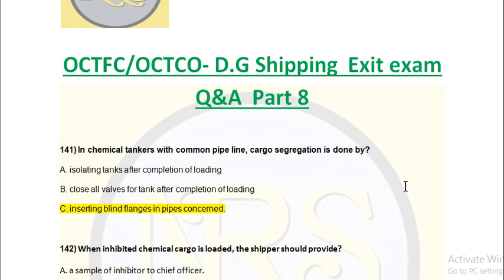So we have to loosen the flange and turn it around 180 degrees to put the blind side in. This is how we segregate the cargo from other cargoes on board the ship. So for question number 141, option C is the correct answer.